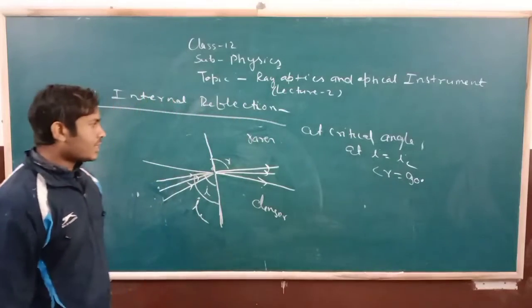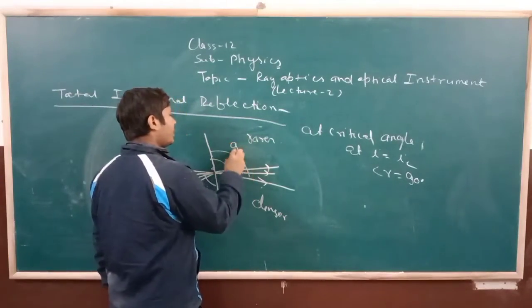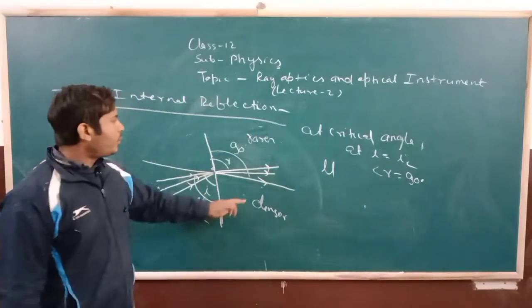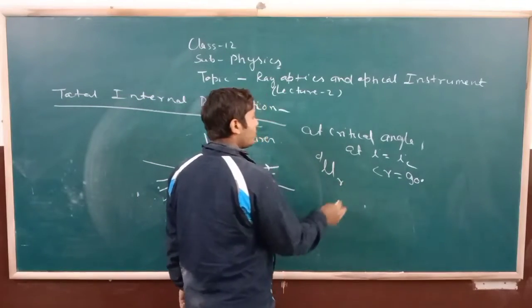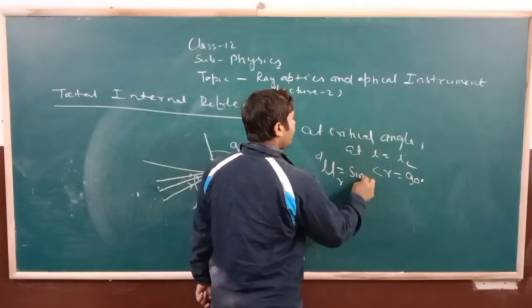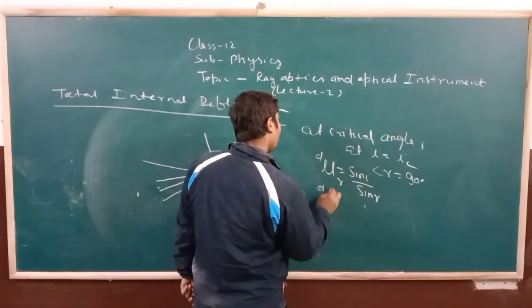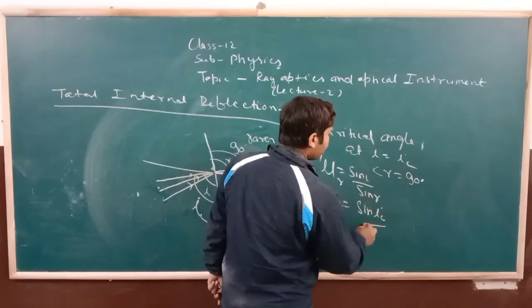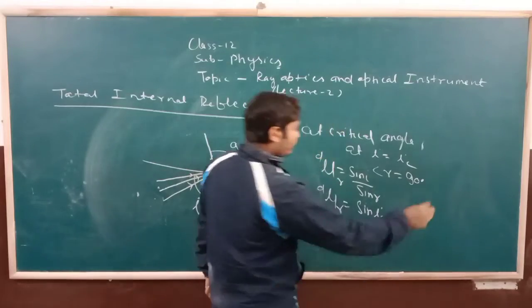So what will be Snell's law in this case? This angle is 90 degrees. Light is moving from denser medium to rarer medium, so this will be D and this will be R. It will be sin I upon sin R. So D mu R will be equal to sin IC upon sin 90 degrees.